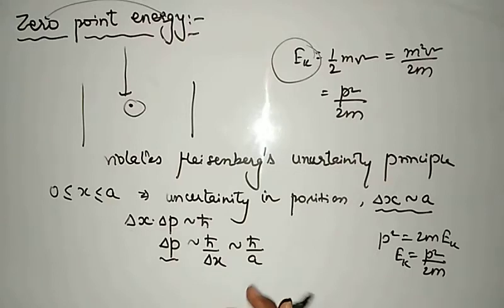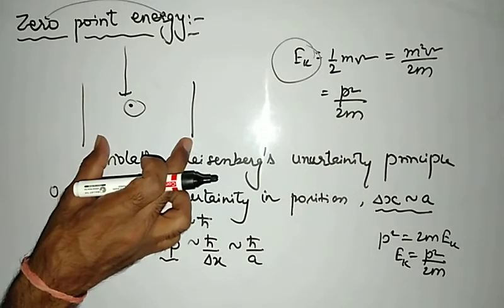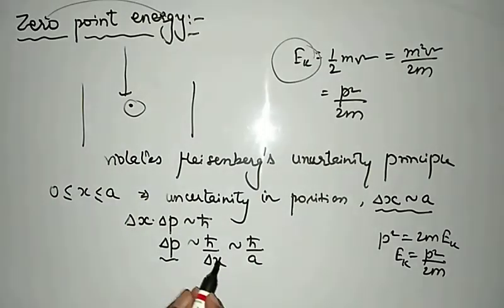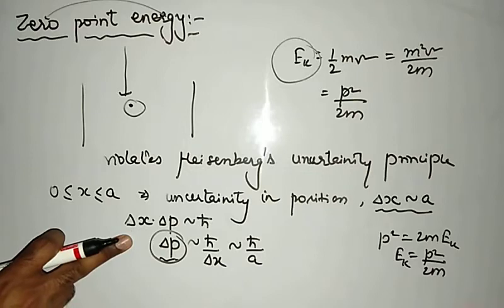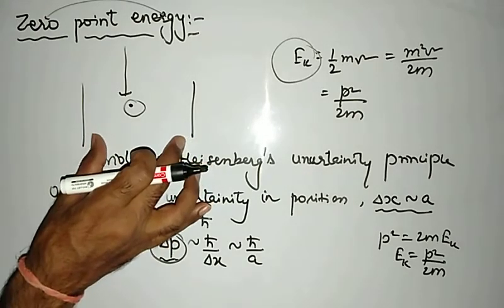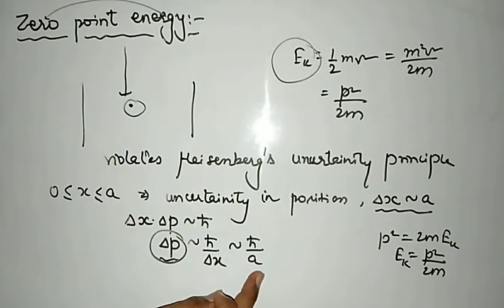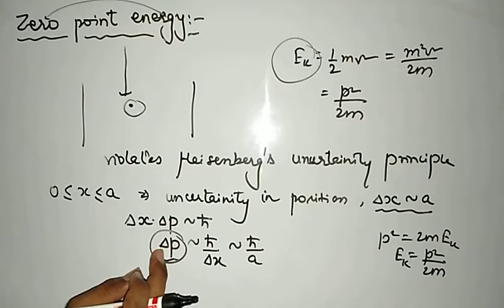And if we decrease the width of the well, then this quantity will increase. By decreasing a, that is, confining the particle further and further, the uncertainty in momentum will increase and the particle will move faster and faster inside the well.